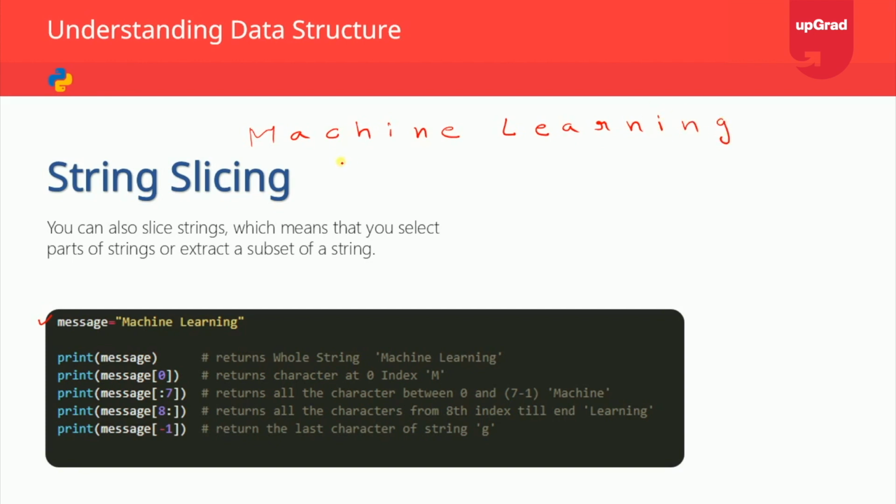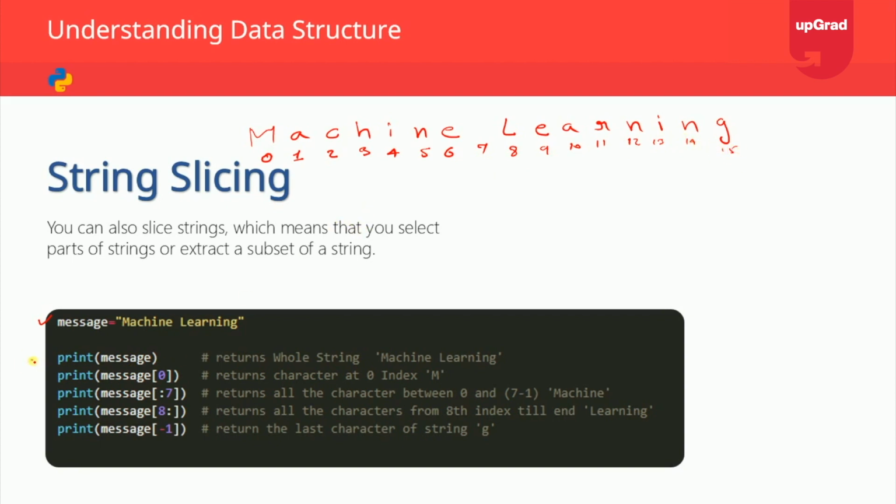This is the value which I've stored in the message variable. Let us assign the index numbers 0, 1, 2, 3, 4, 5, 6. Remember, space is also counted: 7, 8, 9, 10, 11, 12, 13, 14, and 15.